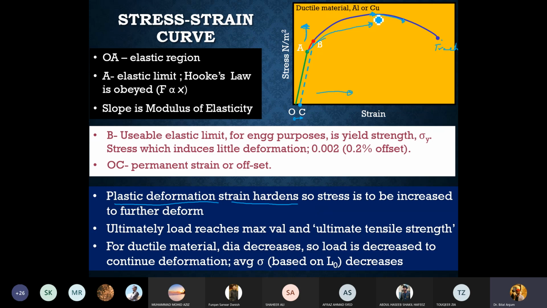Essentially, the stress is still needed, but as compared to the stress at this point, you require a similar value of stress for a higher deformation because your diameter has essentially reduced, or your stress has essentially increased, in other words. This is the ultimate tensile strength point or maximum tensile stress point, and this is the fracture point.